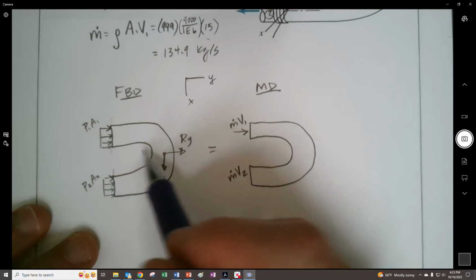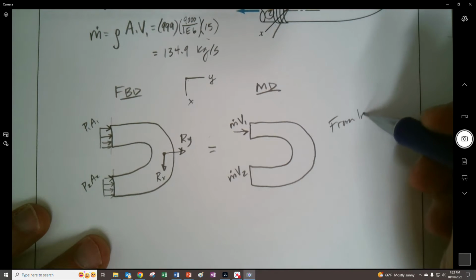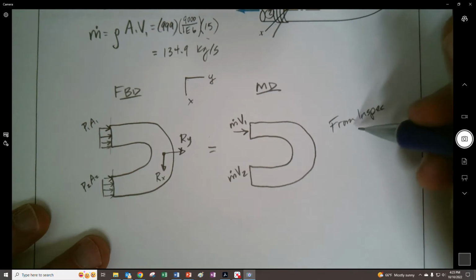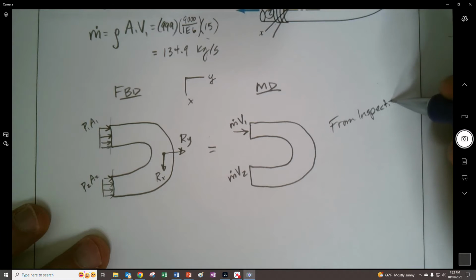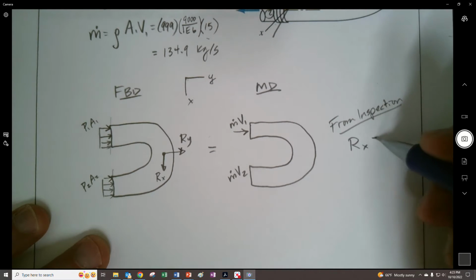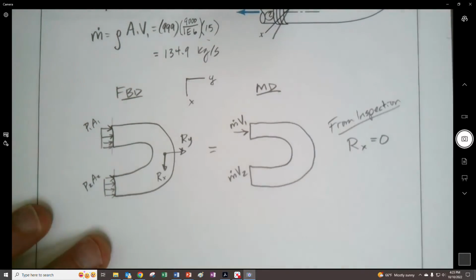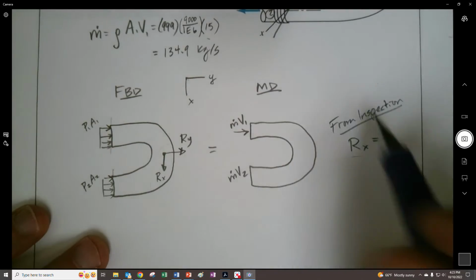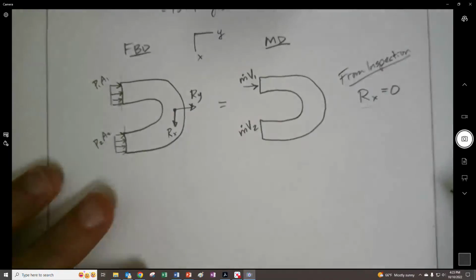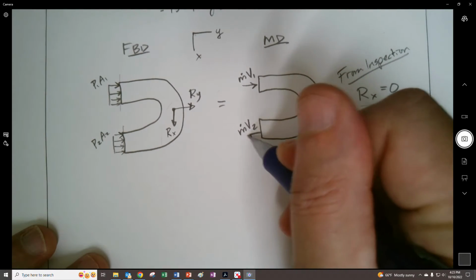Right away, by the way, from inspection, we could say that RX must be equal to 0, because there are no other forces. There's no other reason for there to be anything. They wanted the RX and RY components, but you don't need the X component because of that inspection. By the way, I forgot to draw that arrow. There you go.